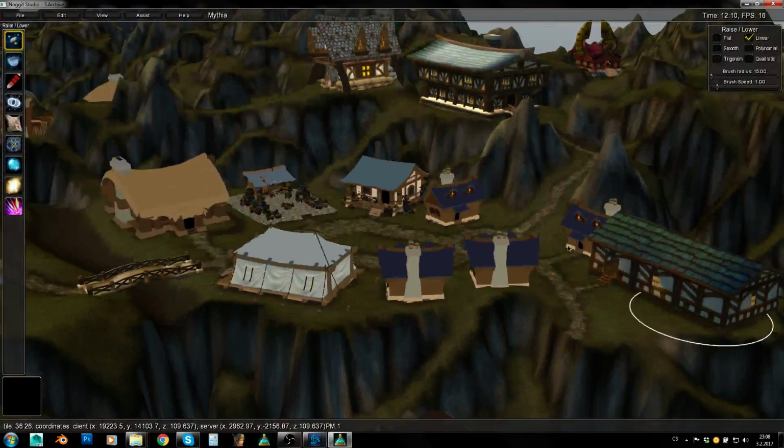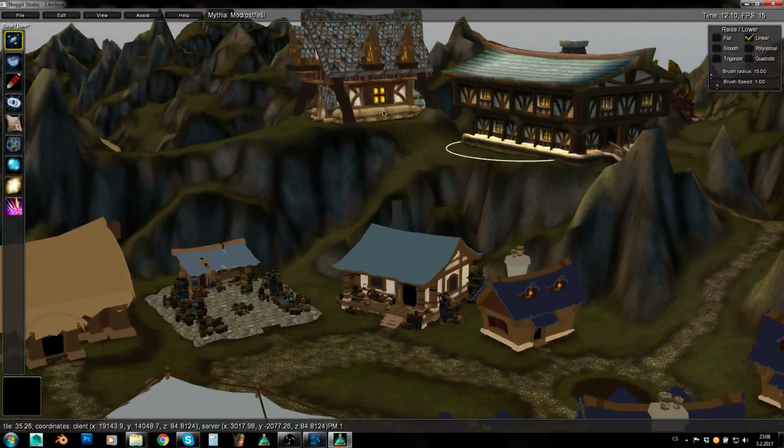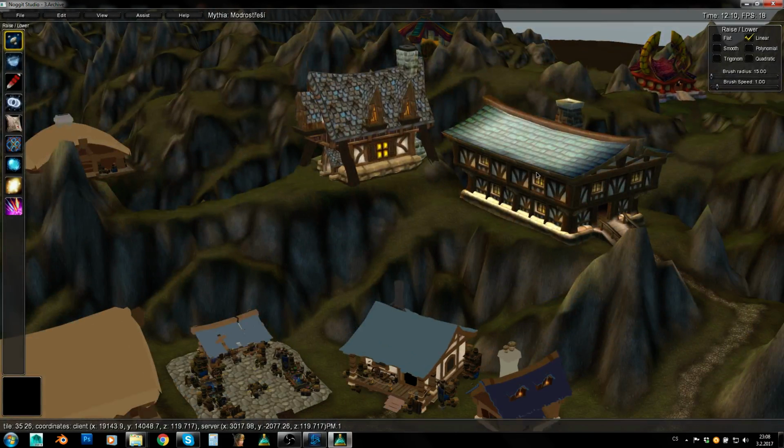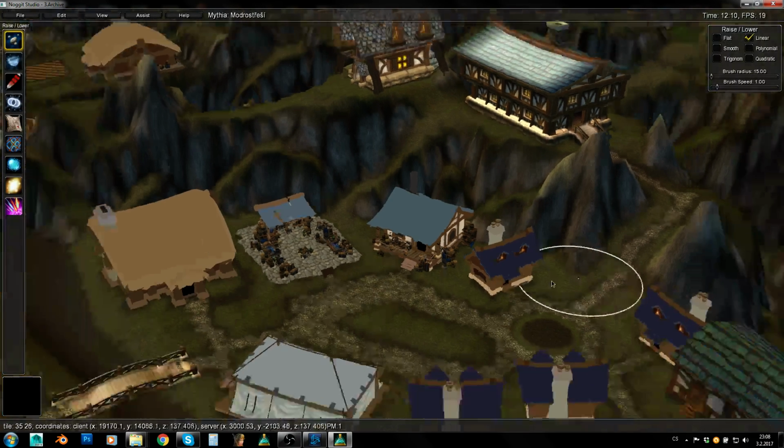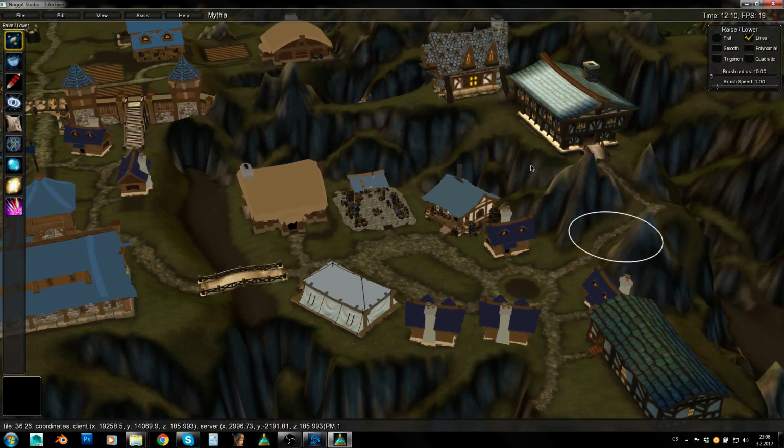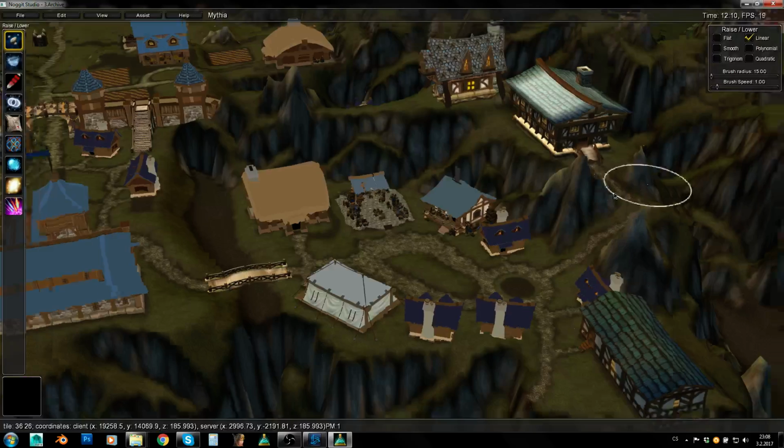I've got this one level, but I've got another level here. So I've got two levels above each other, which makes this building and this building quite more interesting or important, or they stand out a little bit because they are on higher ground, and it isn't just flat. In general it looks better.